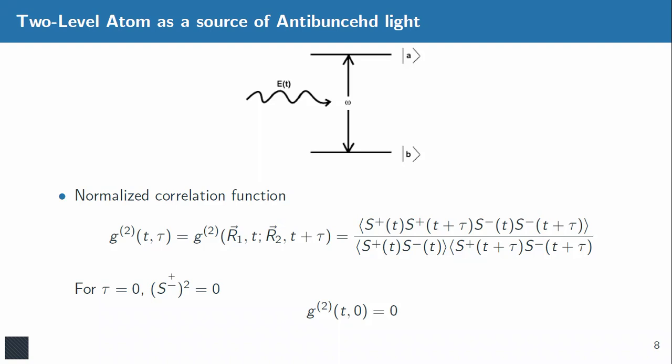In order to get another photon, we have to excite it again, and it would give only a single photon at a particular instant of time. So it is a very good source of anti-bunched light. That is how we could get some physical realization of experimental results from the second order correlation function.